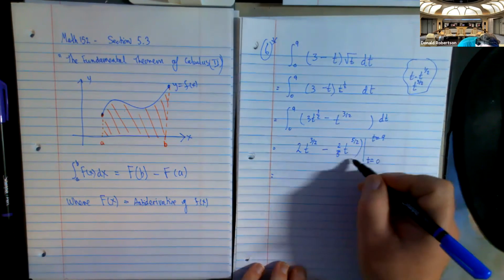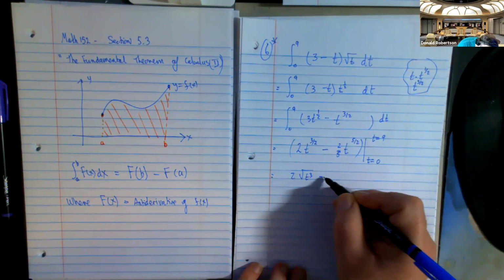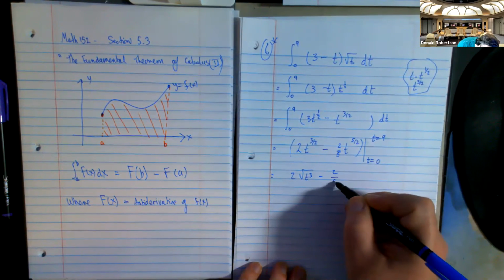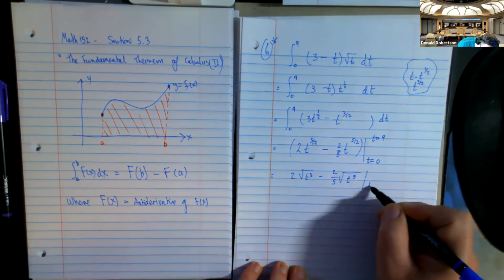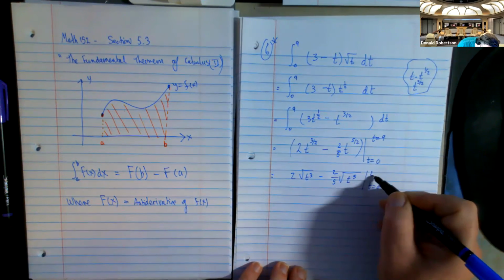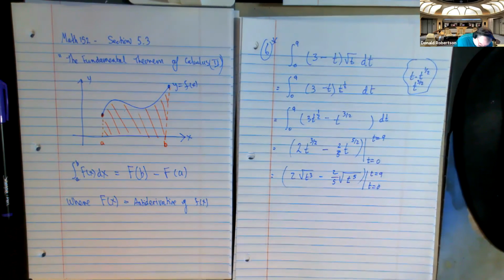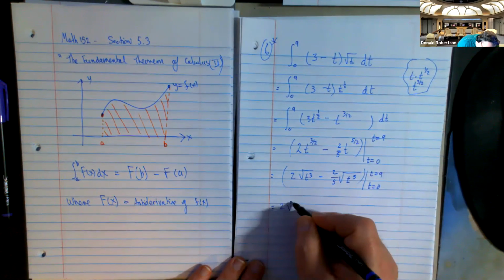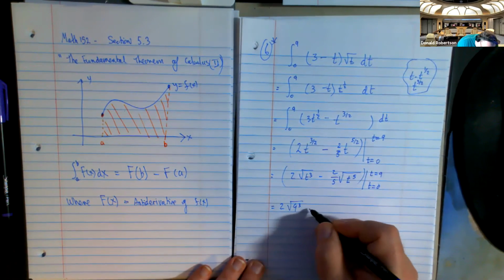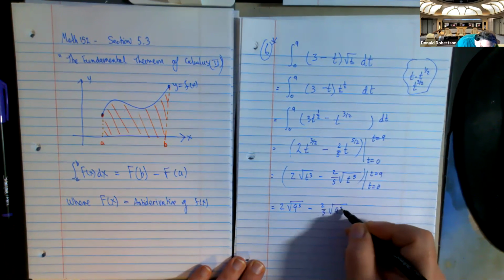And I'm going to do my typical that guy. Not as pretty as I'd like it to be, but I'm going to get a 9 cubed here. I'm going to get a 9 to the 5 here.